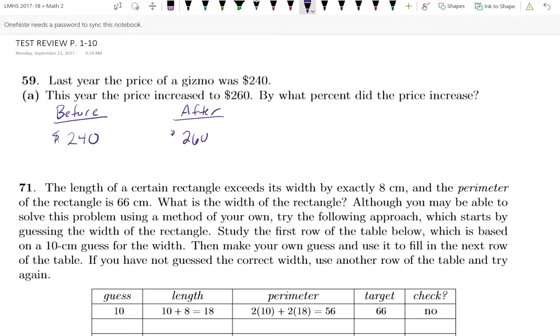Now you always take the after and divide it by the before. A lot of times you guys get so concerned with taking the bigger and dividing it by the smaller, or vice versa. It's just the after divided by the before. So 260 divided by 240.